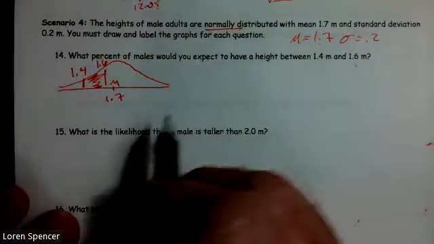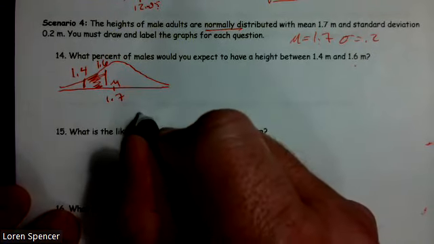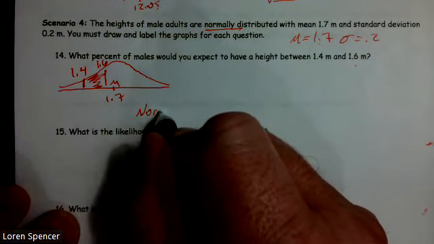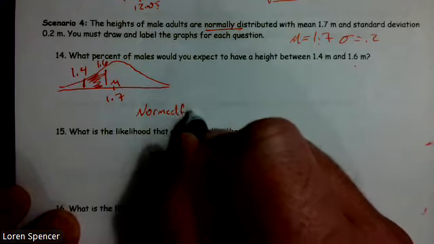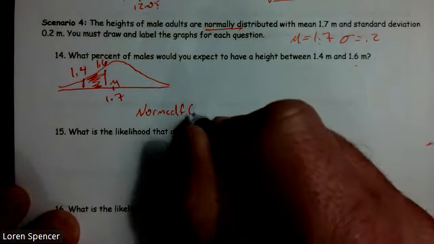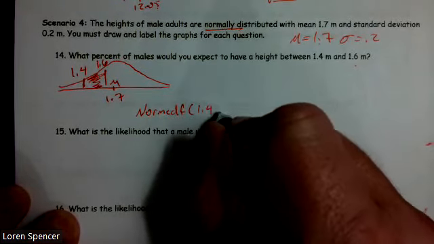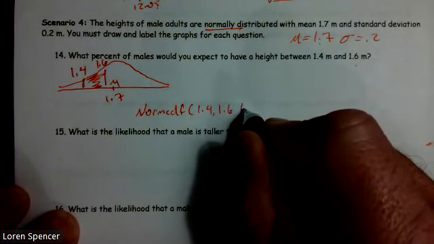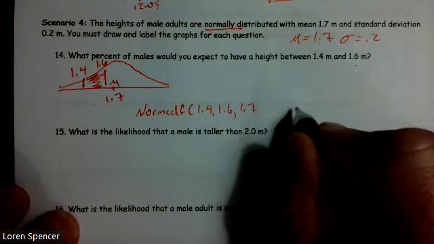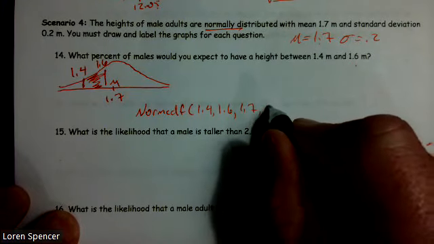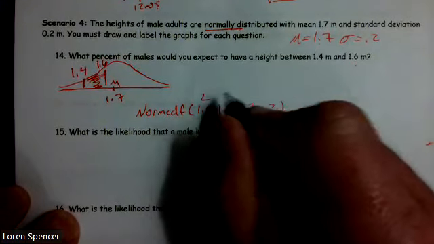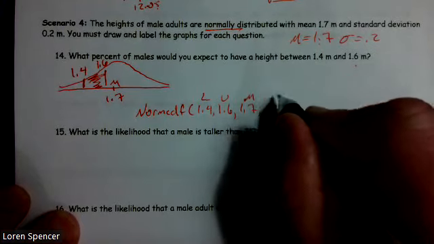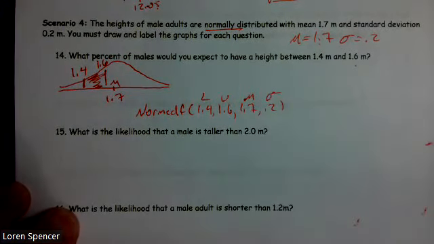Once again, they told us it was normal, so norm CDF: 1.4 is my lower, 1.6 is my upper, my mean 1.7, my standard deviation is 0.2. Lower, upper, mean, standard deviation.